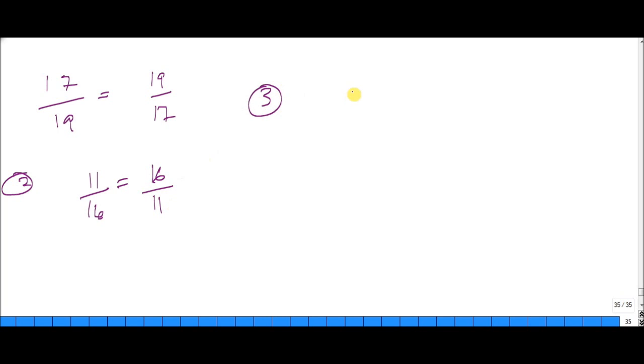For number 3, they asked us to find the reciprocal of 2 and 5/9, and this would have been 9 twos are 18, 18 and 5 would have been 23/9, and the reciprocal of 23/9 would be 9/23. So that's finding the reciprocal.